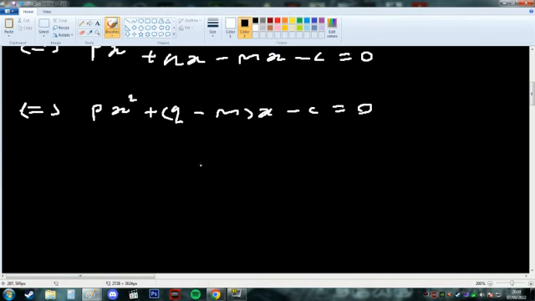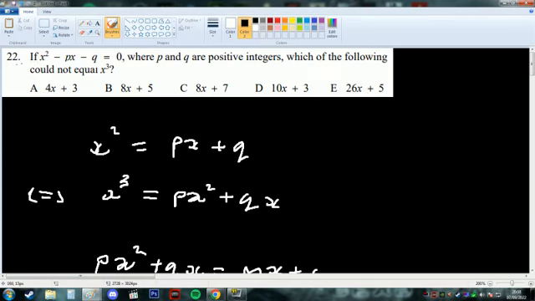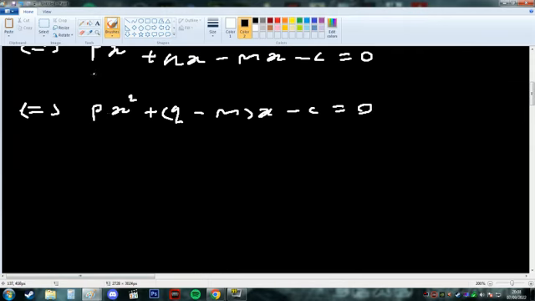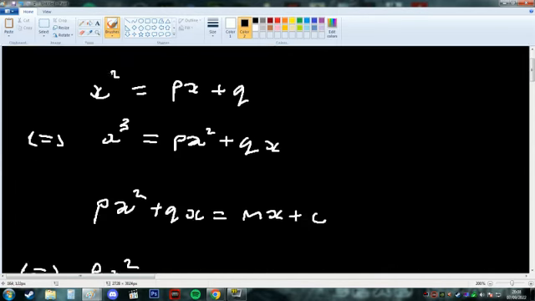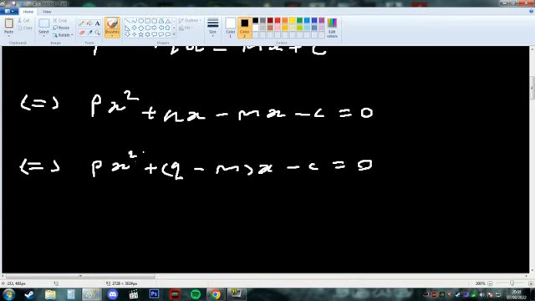And to equate this quadratic with this quadratic, I need to divide through by p, because the x squared coefficient is 1. Since it's equal to 0, it is equivalent.